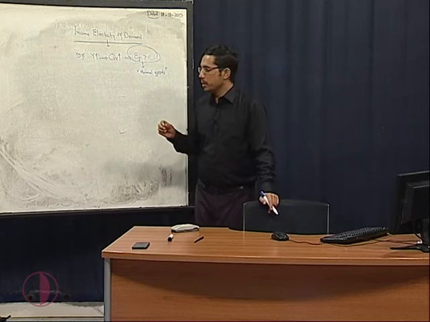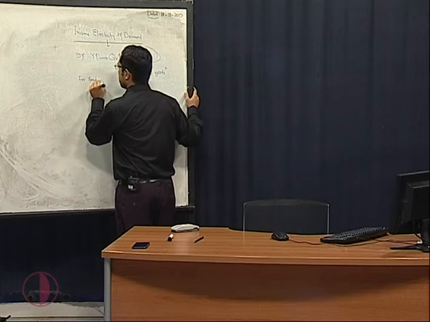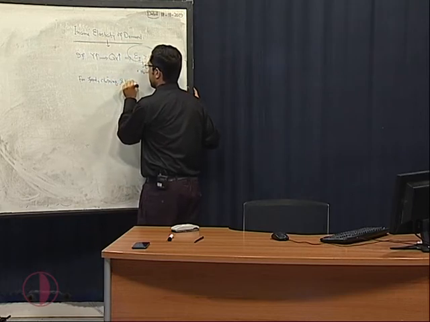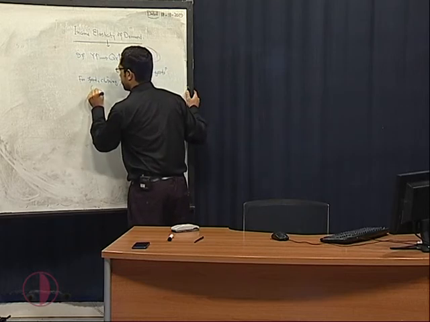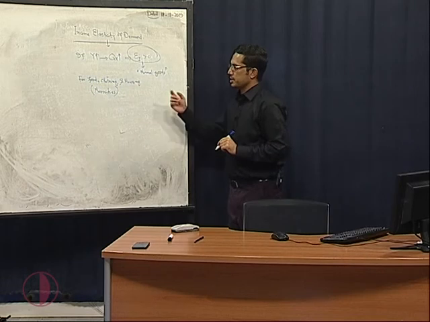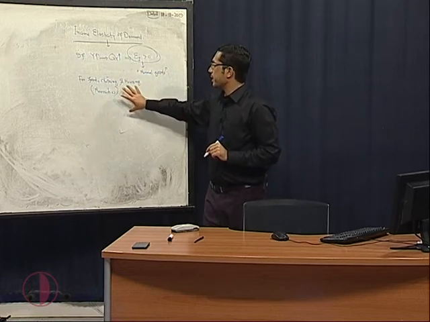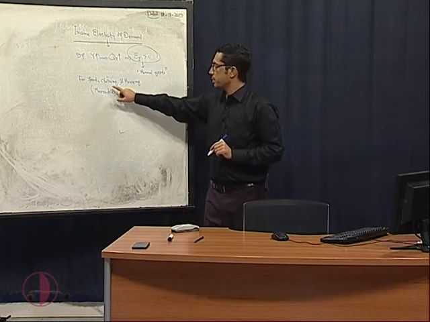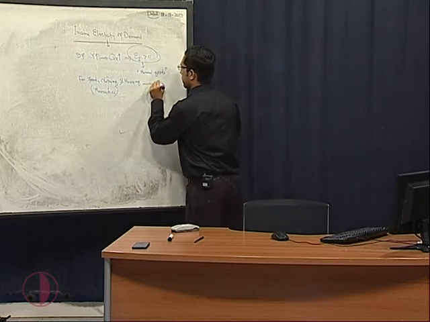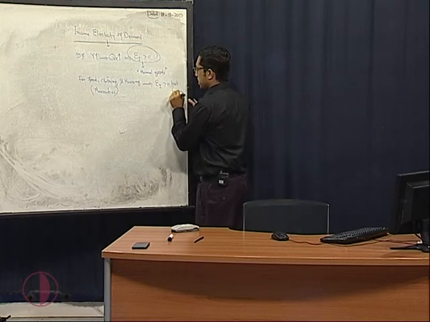But for food, for clothing and housing, which we call necessities, although the income elasticity of demand for all these commodities will be positive, the income elasticity of demand for food, clothing and housing is positive, greater than 0, but low.